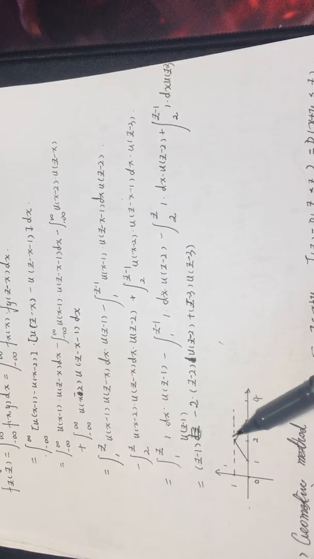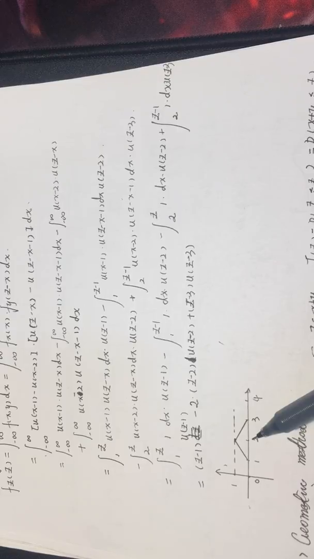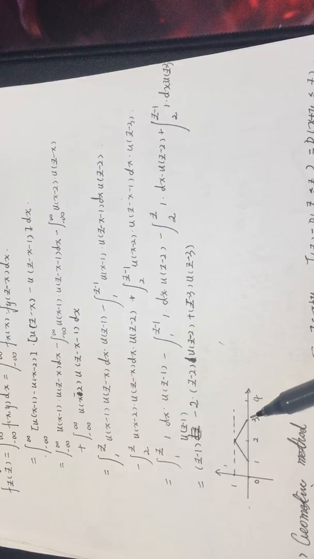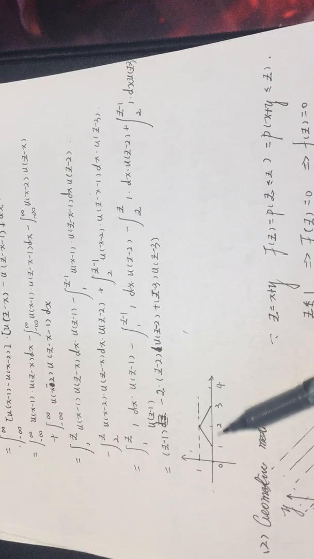So from point 2, the slope becomes minus 1, but at point 3, we again get a slope of positive 1, so the accumulated value becomes 0. So it's a triangle.